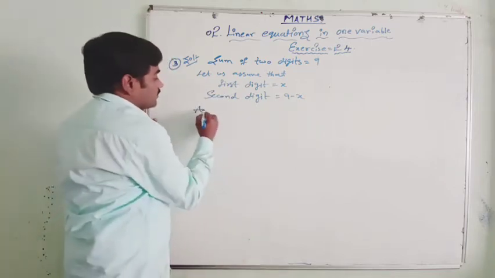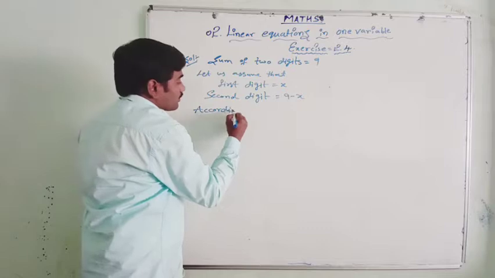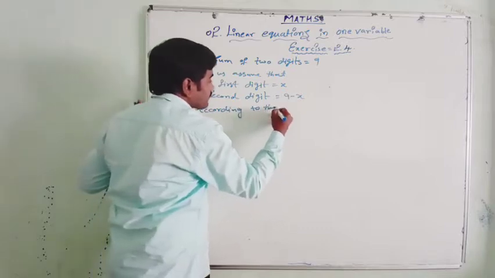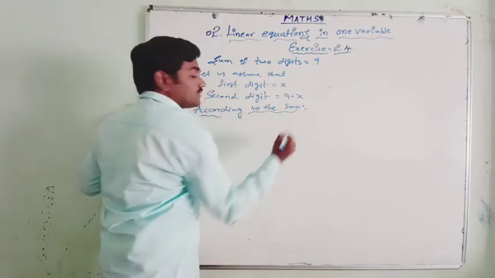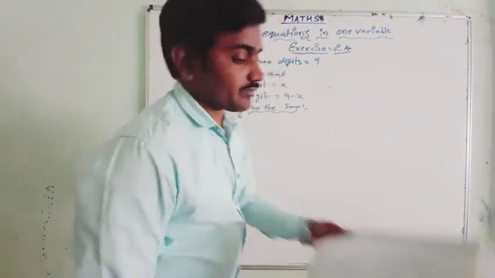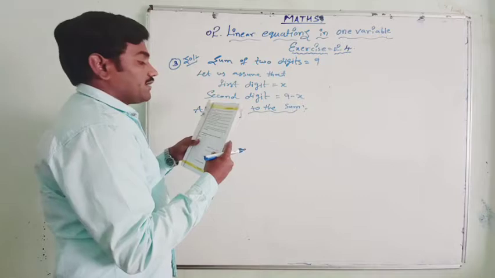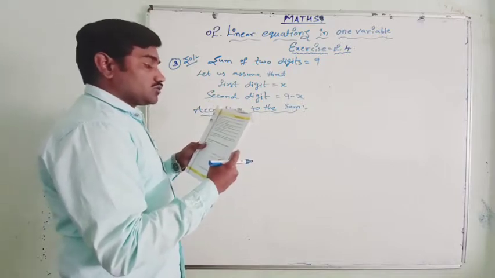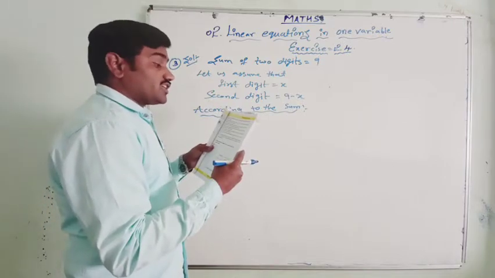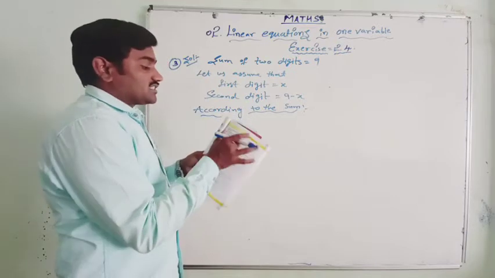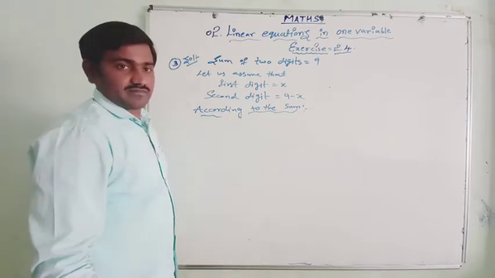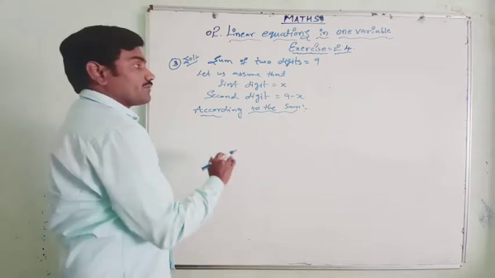Now according to the problem, a number consists of 2 digits whose sum is 9. If 27 is subtracted from the number, then its digits will be reversed.